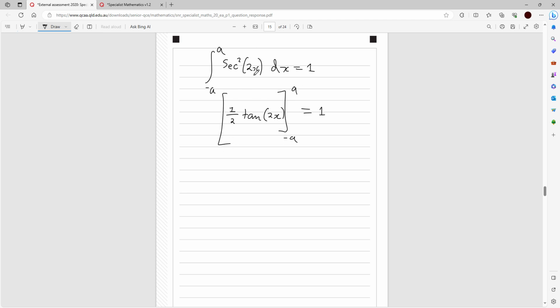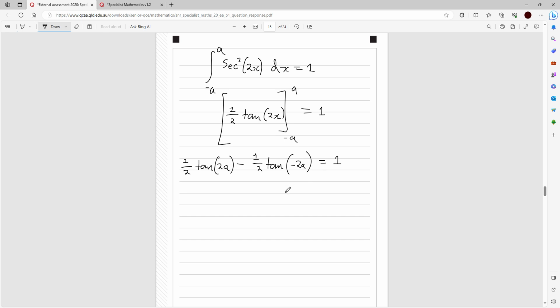Okay, so all I did was a u sub on that, which is probably the easiest part of this. Now you substitute a, so you get a half tan of 2a minus a half tan of negative 2a is equal to 1.